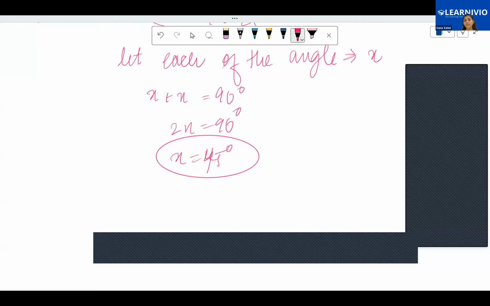The next thing that we have is, we will continue with the chapter now, the triangles chapter. Just give me 1 minute. Okay, so angle sum property of a triangle.